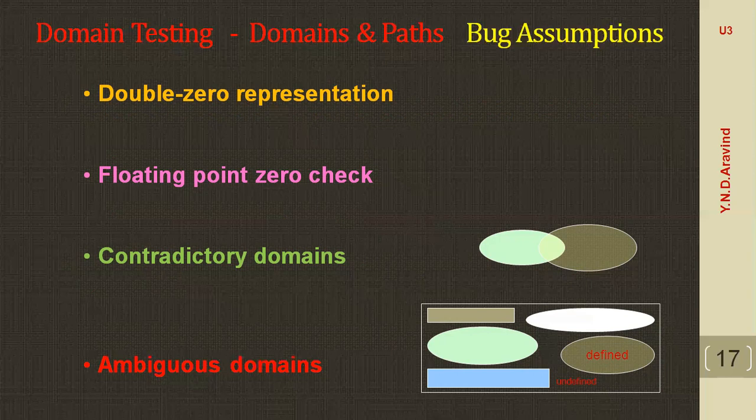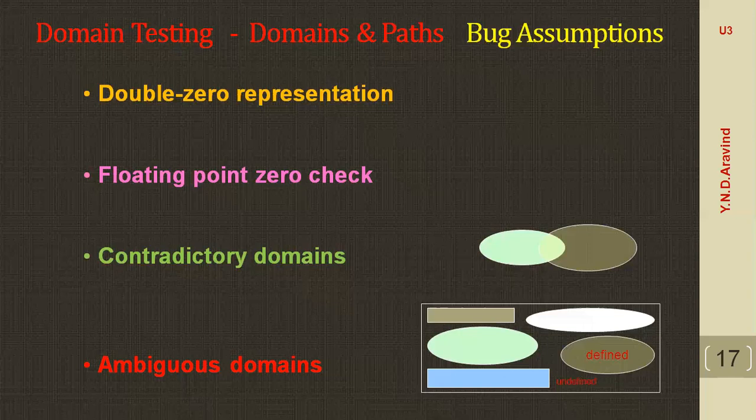The next type of bug is the floating point zero check. A floating point number can be equal to 0 only if the previous definition of that number has been set to 0, or if it has been subtracted from itself or multiplied by 0. So the floating point zero check should be done against epsilon values.